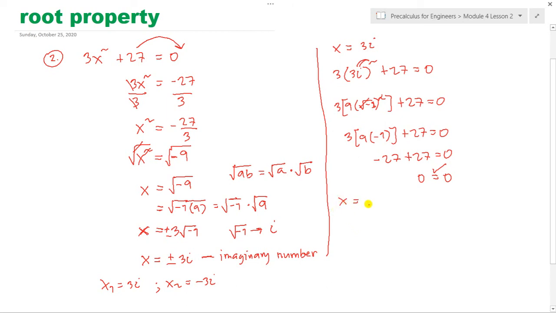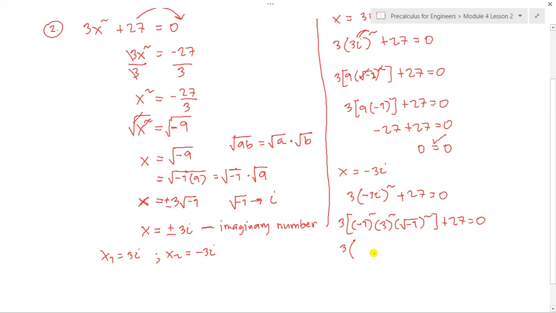How about the second one, which is the negative of 3i? Again, substitute. So we have here 3 times (-3i) squared plus 27 is equal to 0. So again, distribute the exponent to each factor inside. So 3 times, we have a negative number squared, then the 3 squared, then the imaginary number i, which can be rewritten as negative square root of -1, squared, plus 27 is equal to 0. So here we can simplify further. 3 times (-1) squared is 1, times 3 times 3 is 9, so 9. Then since this square root, the index and the exponent are the same, this can be cancelled out.